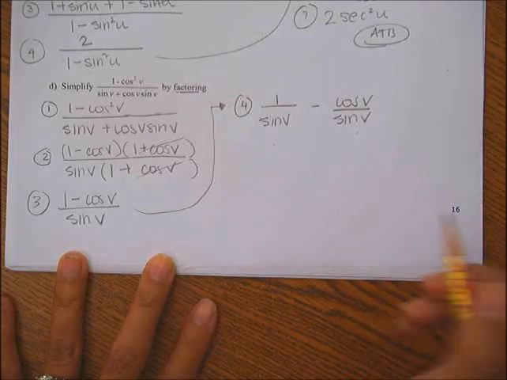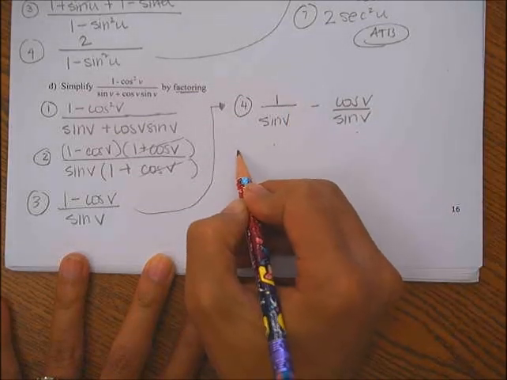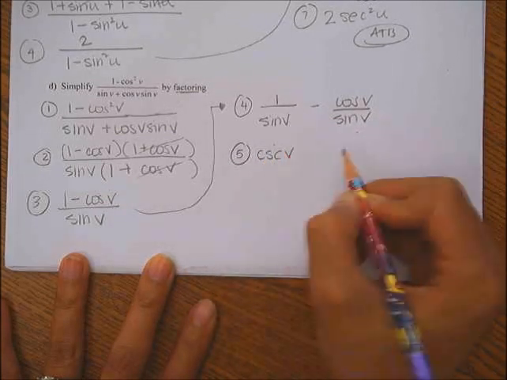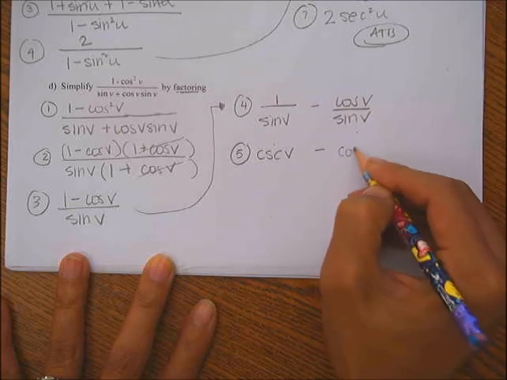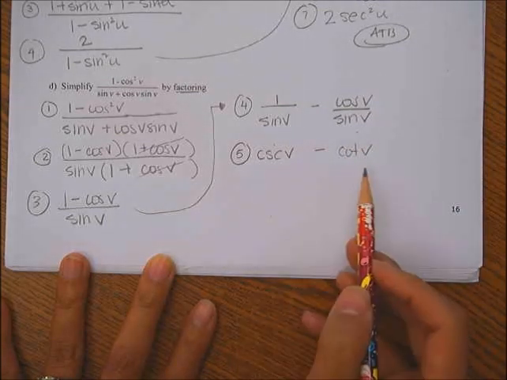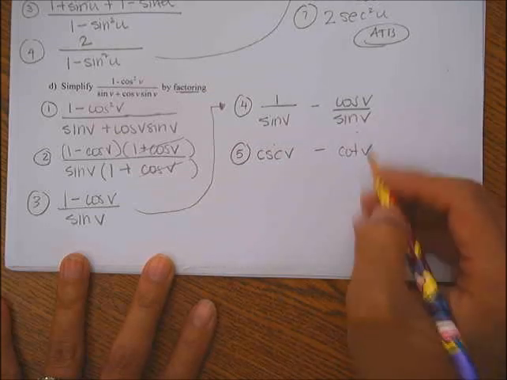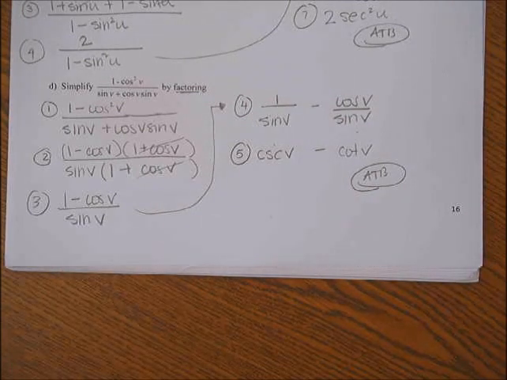Your goal, when you simplify, is to get into a non-fraction. 1 over sine of v is the reciprocal function, so step number 5, that's going to be cosecant of v. Cosine of v over sine of v is cotangent of v. This is the simplest form we can go. It's not a fraction anymore, so that's the best I can do.